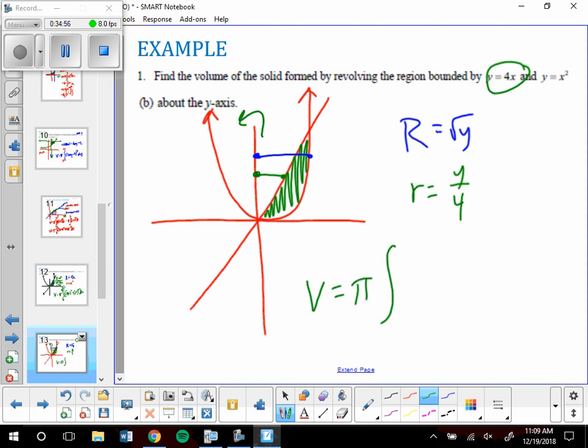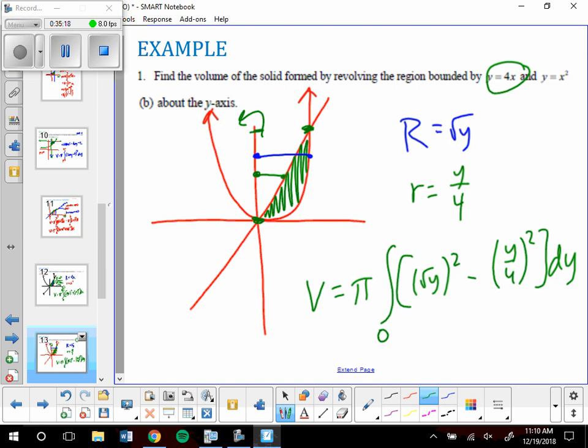Pi, big R squared minus little r squared. Again, this one wouldn't be too hard to do by hand, but that's not the point of today. We do need our bounds. What's the lowest y value that I go to? 0. And what's the upper y value?